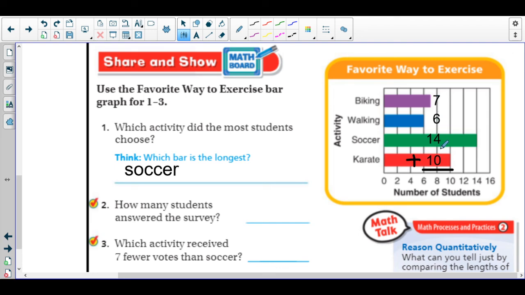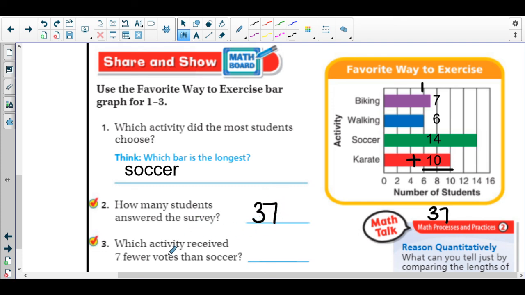So let's take a look here. I'm going to go ahead and group the 6 and 4 together. That's going to give me 10. All right. And that's a 0, so we're still at 10. And then a 7, that's 17. So 17. And then 1, 2, and 3. That's 37. All right, 37 people answered the survey.